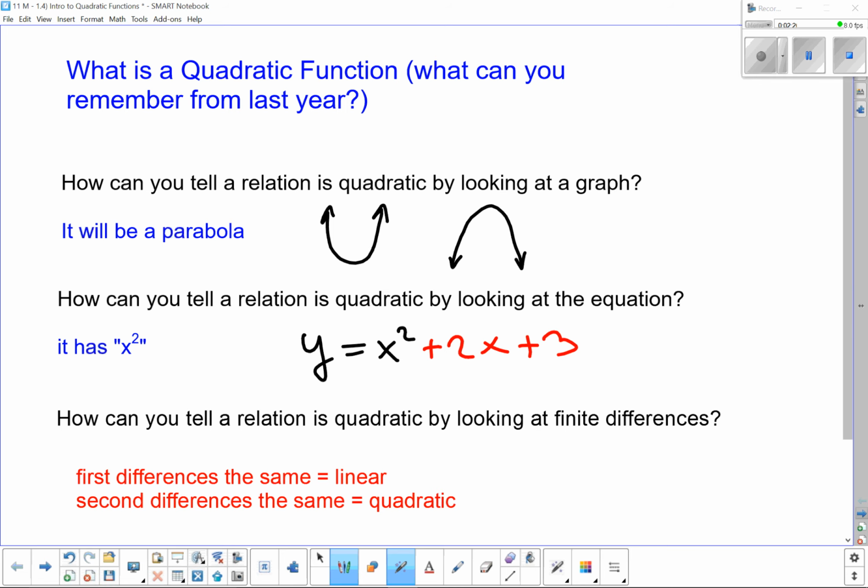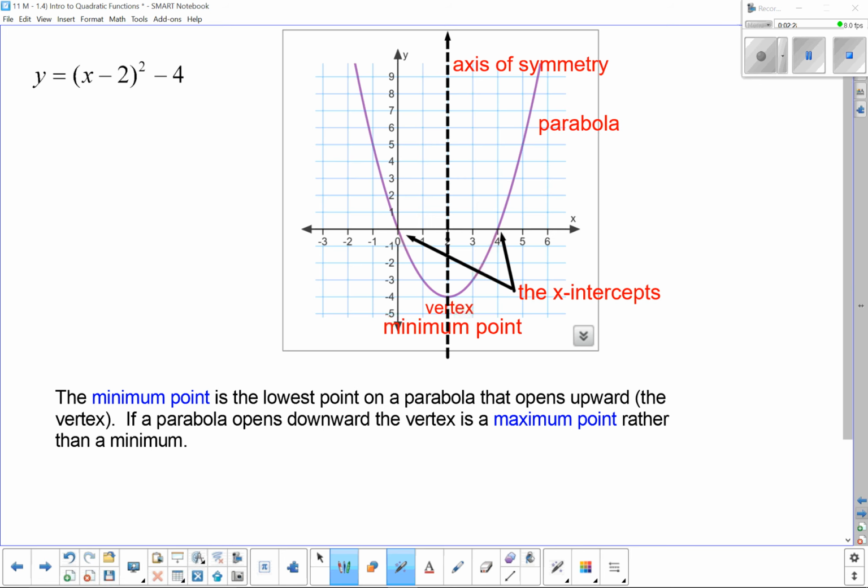So on your second slide, you're going to see some basic characteristics of parabolas or quadratic functions. As you can see, this is the one that opens up. It will be exactly the same for the parabolas that open down, except there will be a change in the vertex.